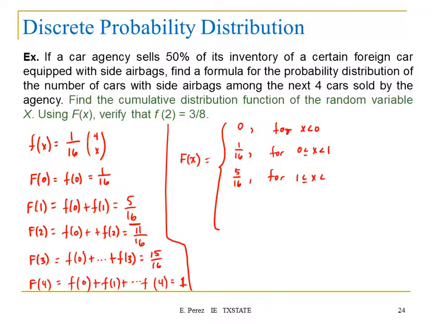The next number will be 2. Then for 2, you have 11 over 16 for 2 less than or equal to x less than 3.